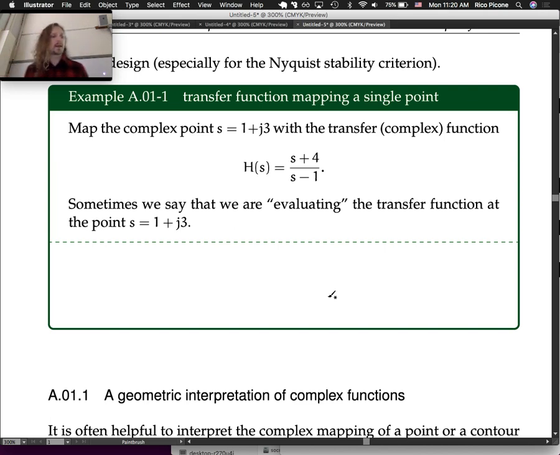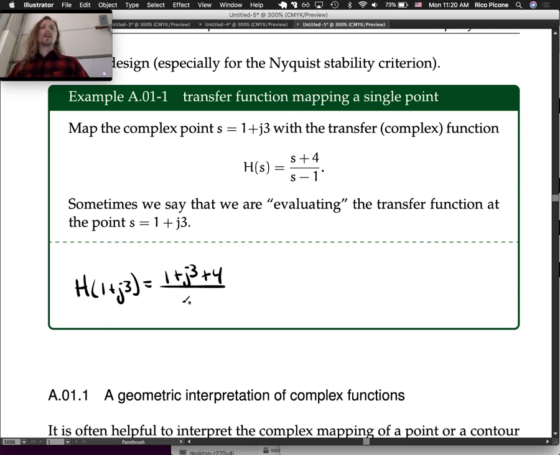Okay, so let's bring it together then and see if we can evaluate it. It's a one-liner here. So H of 1 plus j3, just like any function, we just plug in the argument wherever the argument variable shows up. So s becomes 1 plus j3, and then we have the plus 4 still.